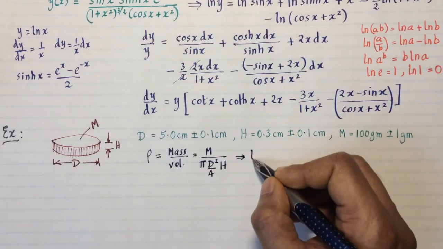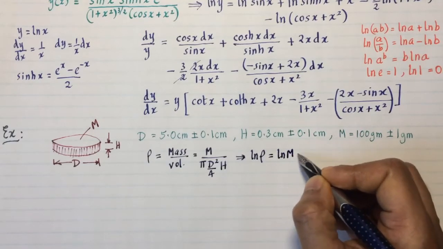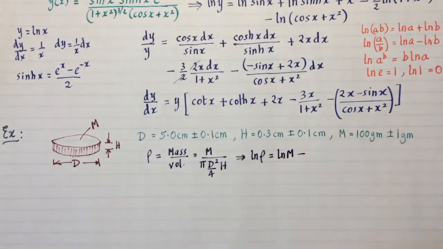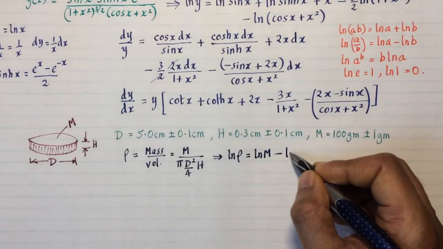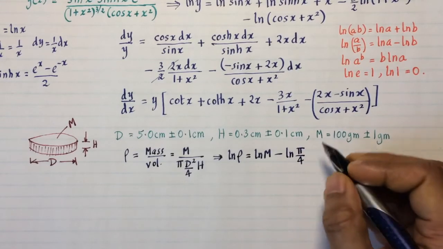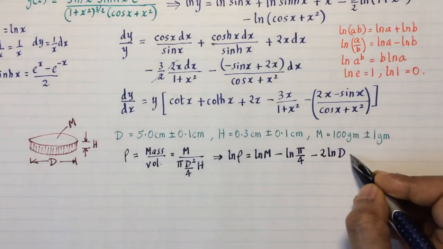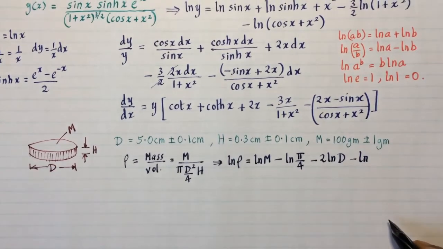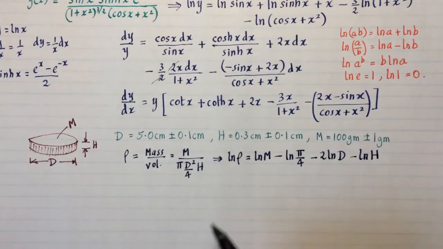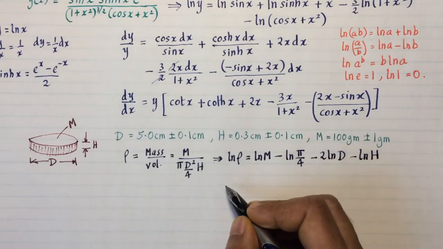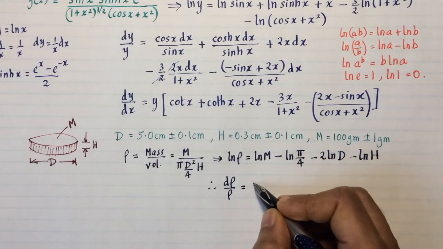So this tells me that natural log rho is equal to natural log m minus, I'll club pi over 4 as a single constant, so minus natural log pi over 4, and then I get negative 2 natural log of d minus the natural log of the height. And then I proceed to logarithmically differentiate this, so therefore d rho by rho is equal to dm by m.